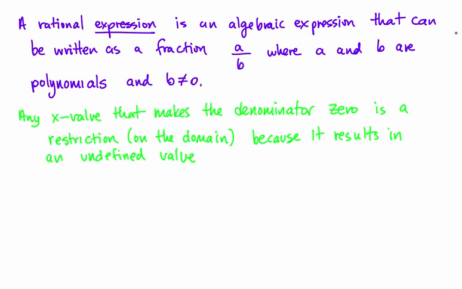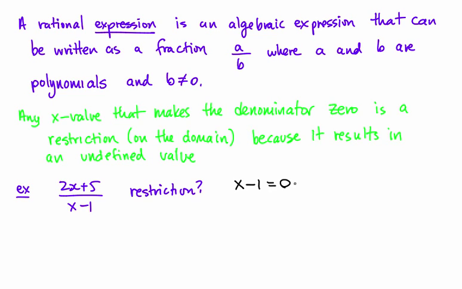Let's take a look at these restrictions. If I have 2x plus 5 over x minus 1, I have an algebra expression, with a polynomial on the top and a polynomial on the bottom. And I have a restriction to this. The restriction is whenever the denominator is equal to 0.